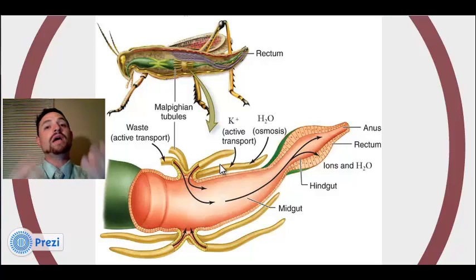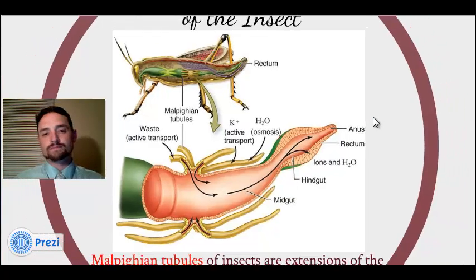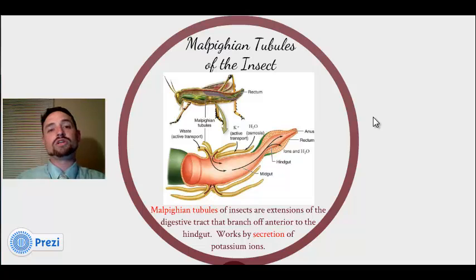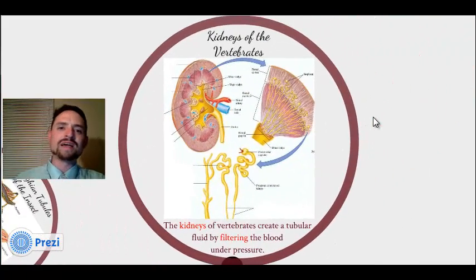So you've got a mix now of waste with water, and that will help flush these wastes out of the Malpighian tubules into the digestive tract of the insect. Then water and ions will be reabsorbed in the hindgut right before the liquid leaves the anus. So they do a reabsorption of water at the very end, but they work through secretion, not filtration, which is what the others are working with.